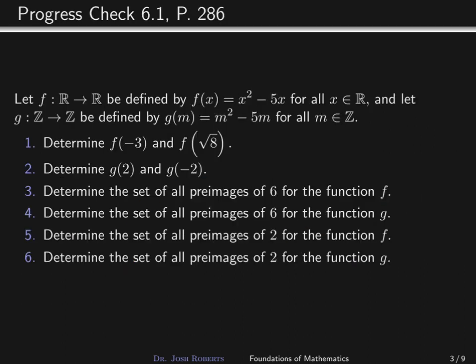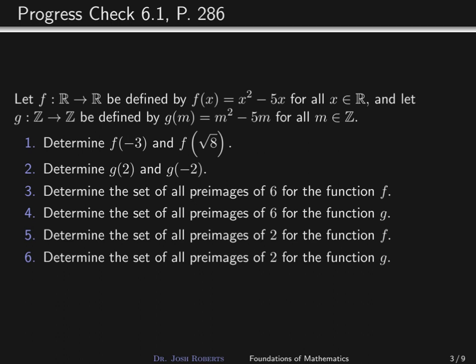So here are some examples. We're going to take two functions. The first one is f from R to R, defined by x squared minus 5x for all x in R. So I have a function from the real numbers to the real numbers given by this definition. I'm also going to define a function g.